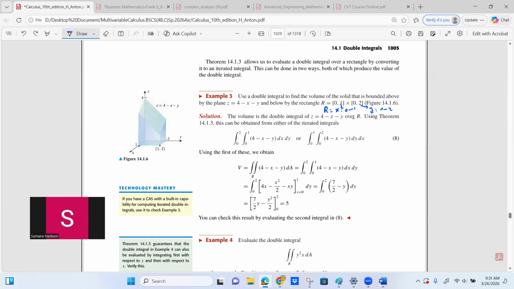By joining these points, because this is the limit of the x-axis, 0 to 1, and this is the y-axis limit, 0 to 2, we make a rectangle under the plane z equal to 4 minus x minus y. So we have to join this point.